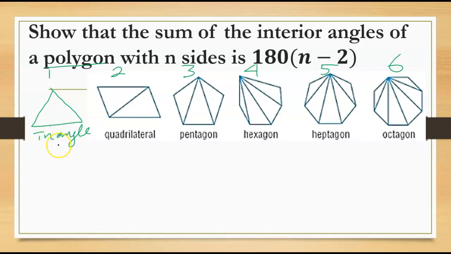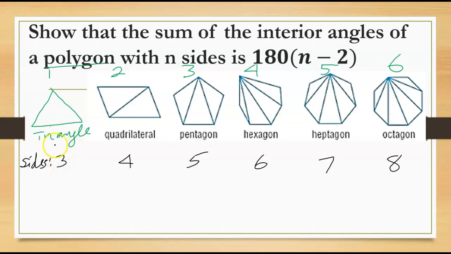Triangle has 3 sides. Side for quadrilateral will be 4. Side for pentagon will be 5. Side for hexagon will be 6, 7, 8, and so forth. So we can see the pattern. The first polygon, which is a triangle, has 3 sides.